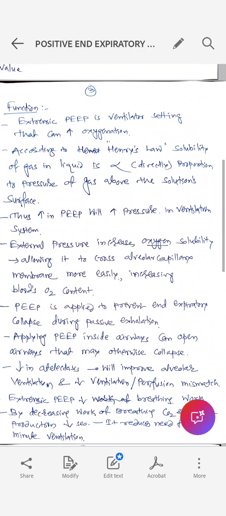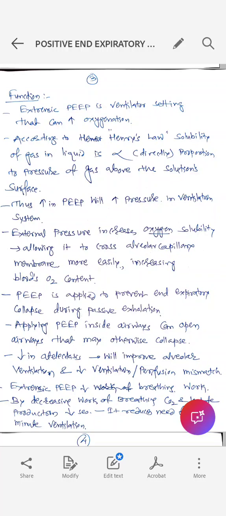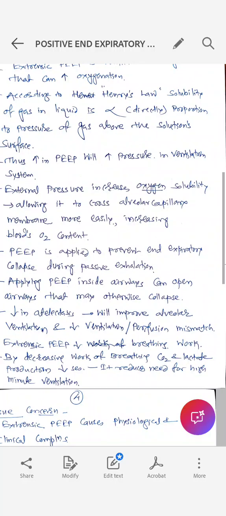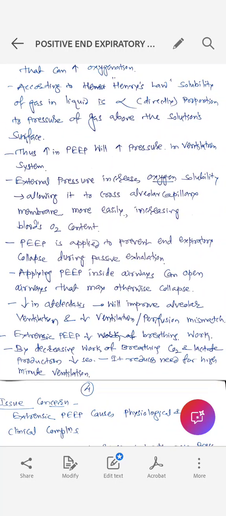Now we will see the function. Extrinsic PEEP is a ventilator setting that increases oxygenation. According to Henry's law, solubility of a gas in liquid is directly proportional to the pressure of the gas above the solution surface.